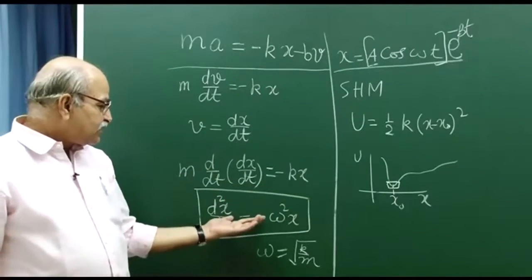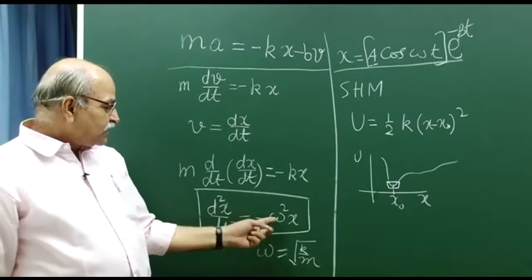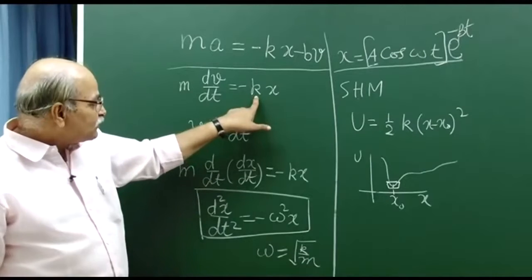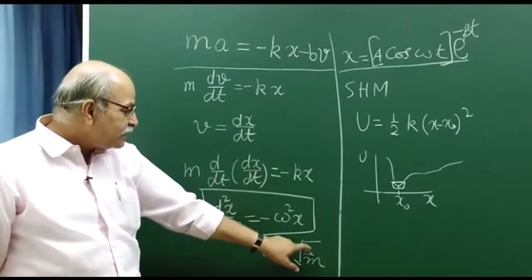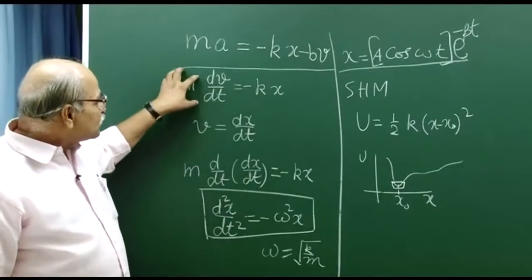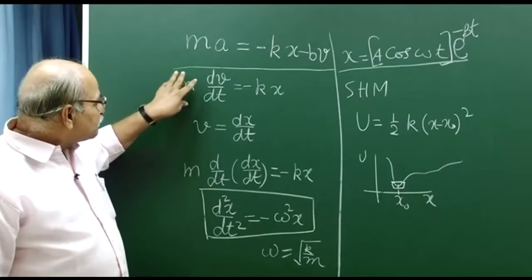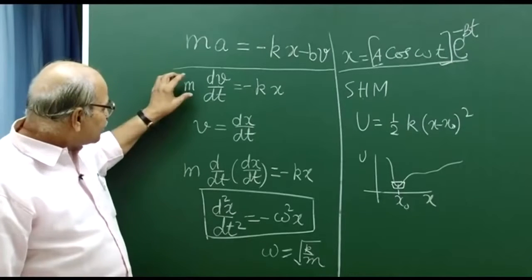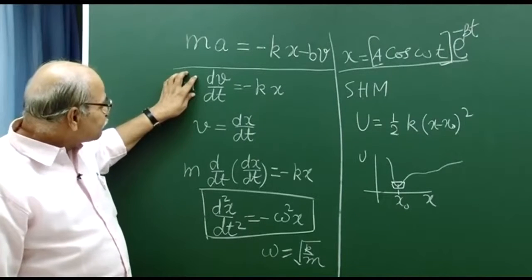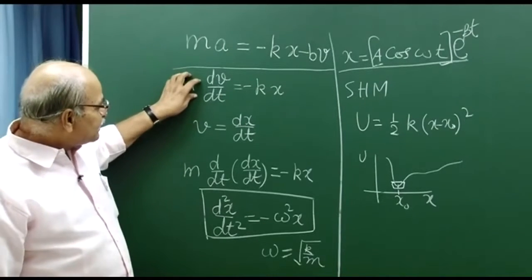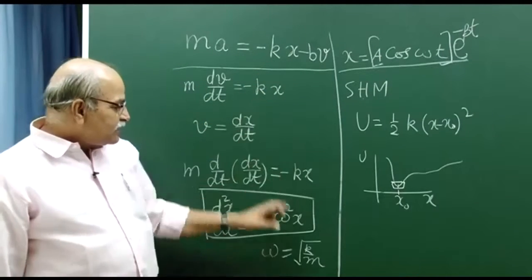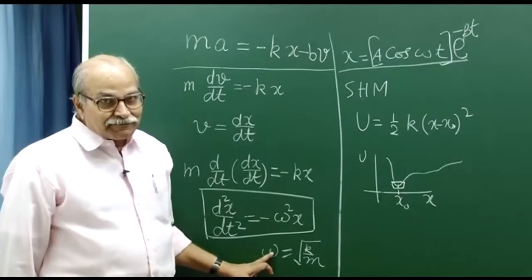So, this is the differential equation, with a certain frequency omega, which will depend on the restoring force, this k here, and on some property of the system, mass or moment of inertia, something like that. So, the oscillating system property is here, the force property is here, and they will decide the frequency omega.